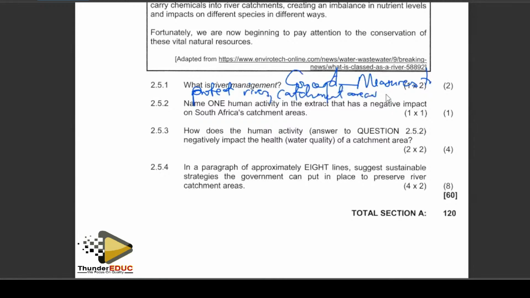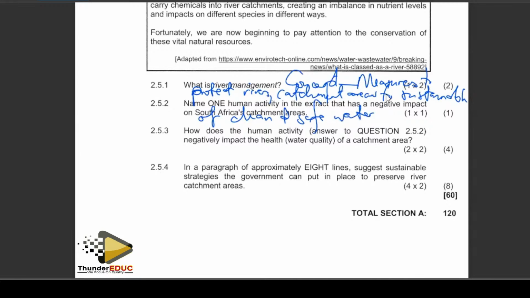Why should we take measures to protect our rivers and catchment areas? To ensure sustainable supply of clean and safe water. That is my own expression of the definition.